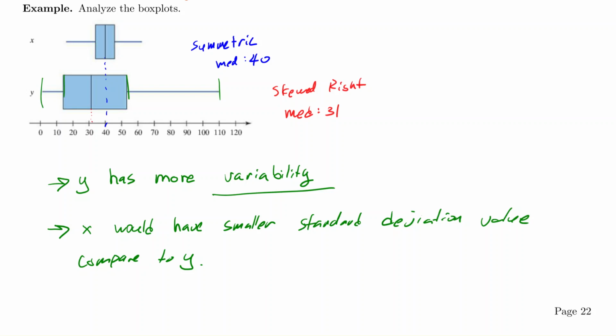Remember, standard deviation measures the spread of data. So in general, when comparing box plots, the data with a larger standard deviation is the one with greater spread. In this case, Y has a greater spread, so Y would probably have a bigger standard deviation, which means X would have a smaller standard deviation compared to Y.